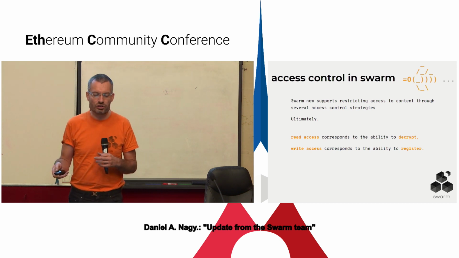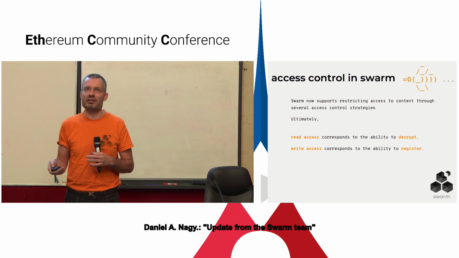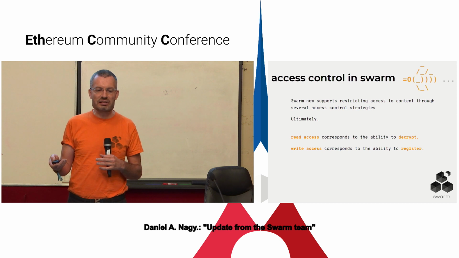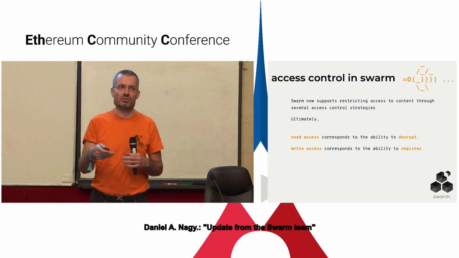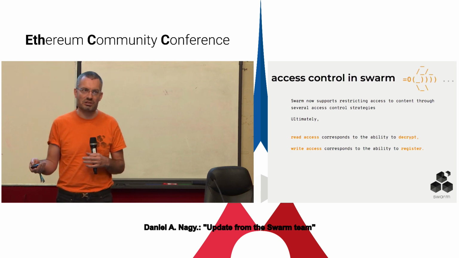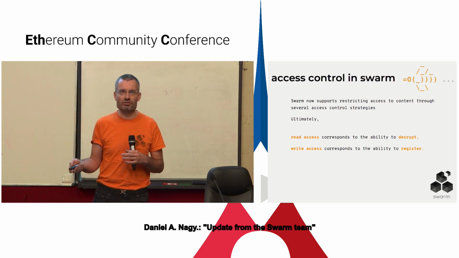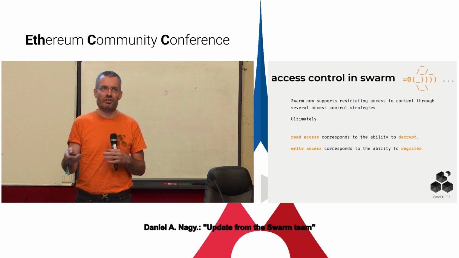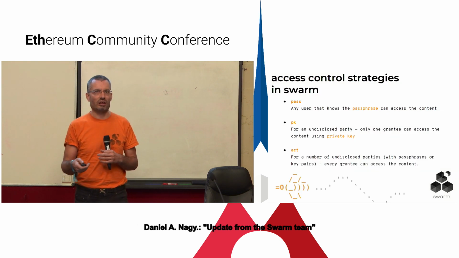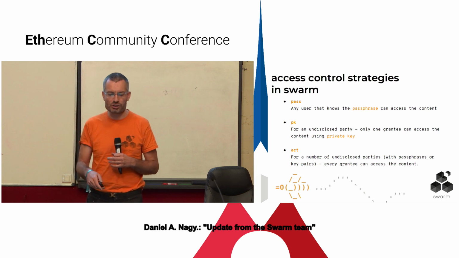But if you want to create some complicated access control system which gives multiple parties write access, then you need to encode it in the smart contract that governs that particular ENS name's resolver. So the write access control is with the resolver, and the read access control is in Swarm with Swarm encryption.